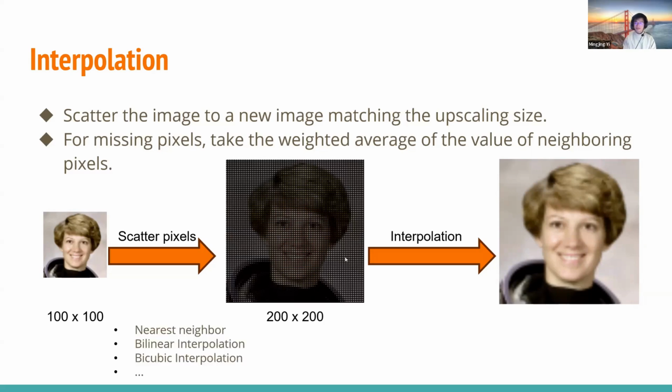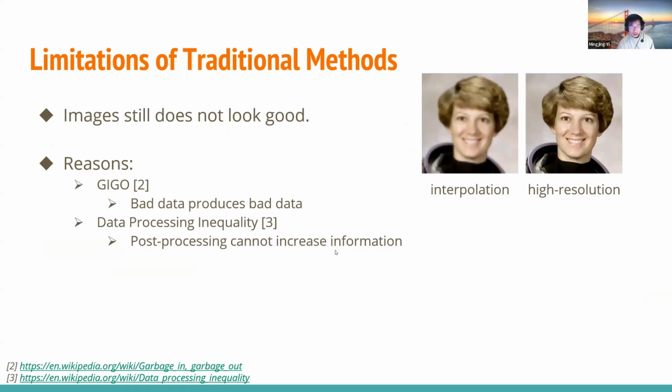There are many methods: nearest neighbor, bilinear interpolation, bicubic interpolation, and so on. But essentially, these methods all use interpolation, and they only use the neighboring pixels as the information to produce new data.